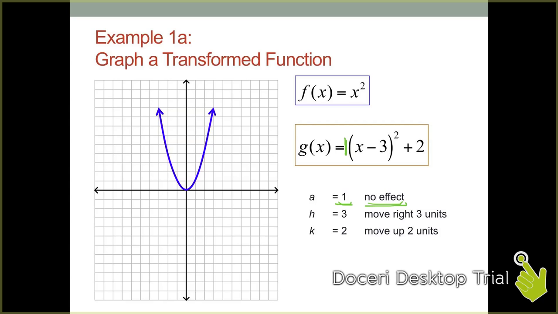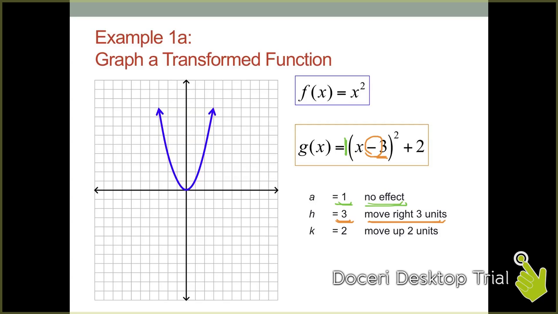Our h value is going to be right here. And again, we said if it's negative here, then that means h is actually a positive 3, because the negative is part of the form. And so a positive 3 tells us we need to move our parent graph 3 units to the right.